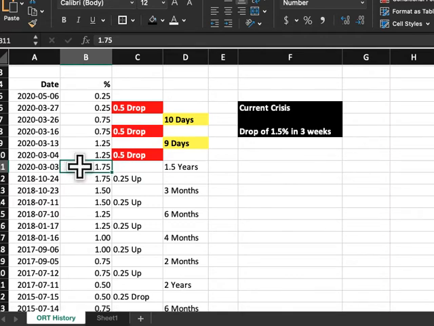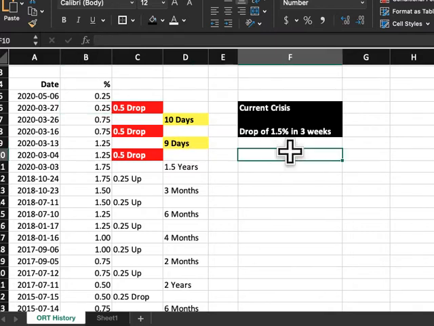Current times, we're March 3rd, 1.75%, 0.5 drop on March 4th, 0.5 drop on March 16th, 0.5 drop on March 27th, right? We're talking about 1.5% in 3 weeks. In less than a month, interest rates dropped an enormous amount.